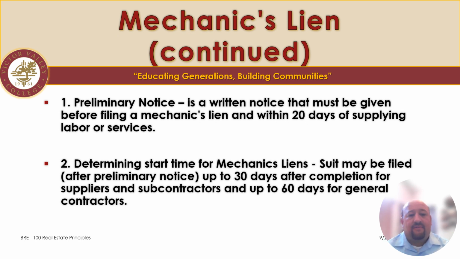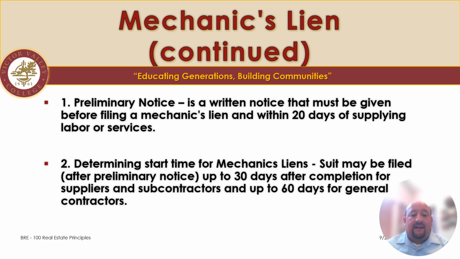Okay, so in order for a mechanics lien to be valid, they first have to send a preliminary notice to the property. So they send basically a bill warning the homeowner or property owner that a mechanics lien will be filed if the amount isn't paid within 20 days of supplying that labor or services.